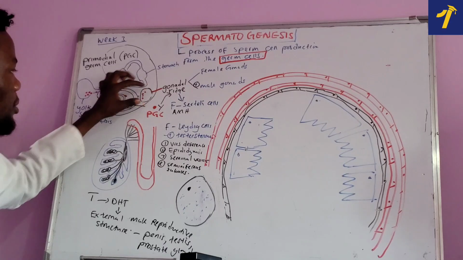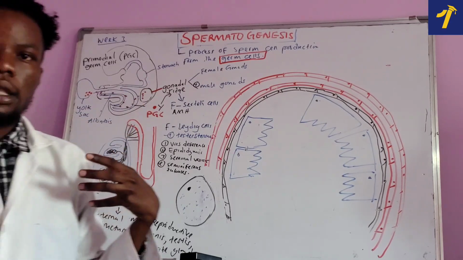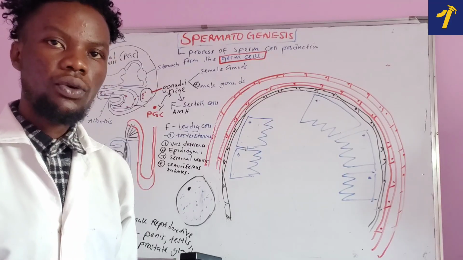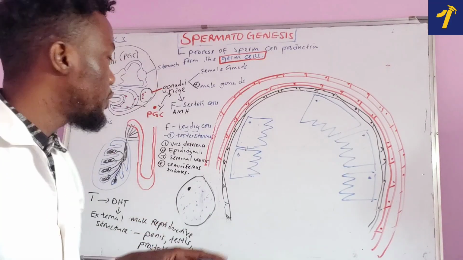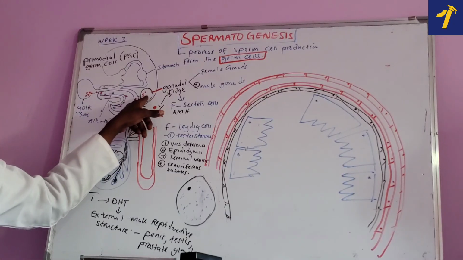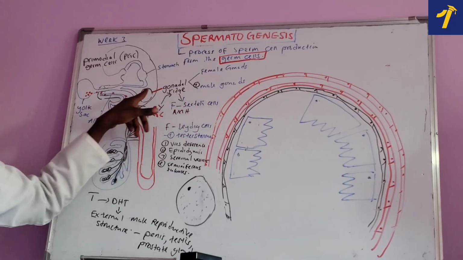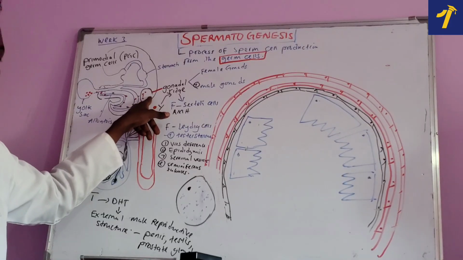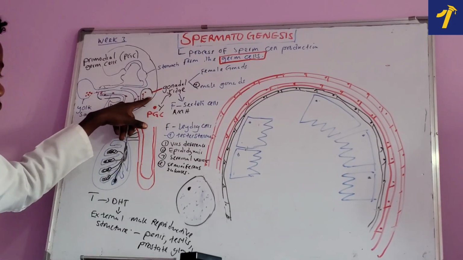That is termed the indifferent gonadal ridge. Now what happens is that these primordial germ cells that are coming are carrying the Y chromosome. The Y chromosome will start sending signals to the gonadal ridges to start differentiating into the male gonads. But the question that I asked is, how do they differentiate into the male gonads? Okay, it's because of what?